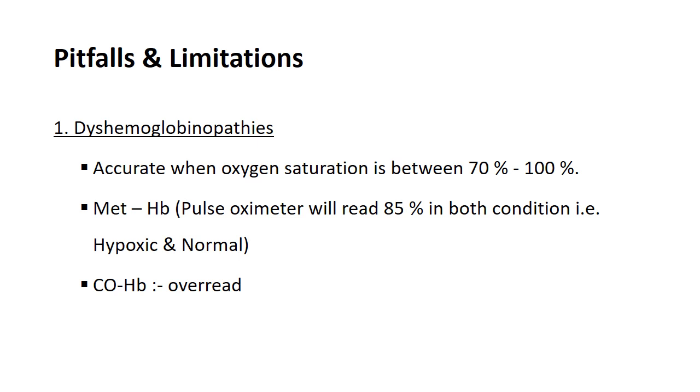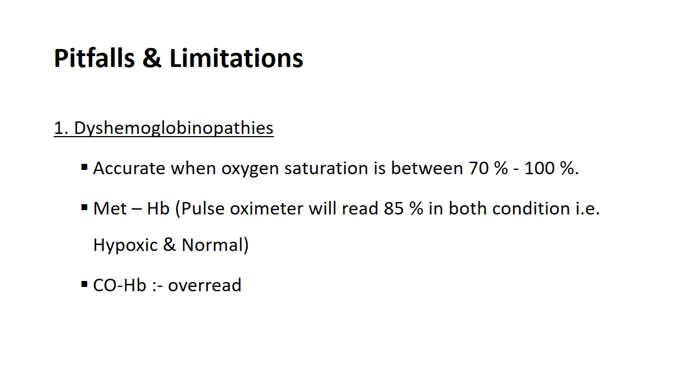So even if the patient is hypoxic, the pulse oximeter will read 85%, or vice versa. If the true oxygen saturation is 100%, the pulse oximeter will still read 85%. So in both the hypoxic and normal condition, in methemoglobinemia the oxygen saturation displayed on the screen is 85%.